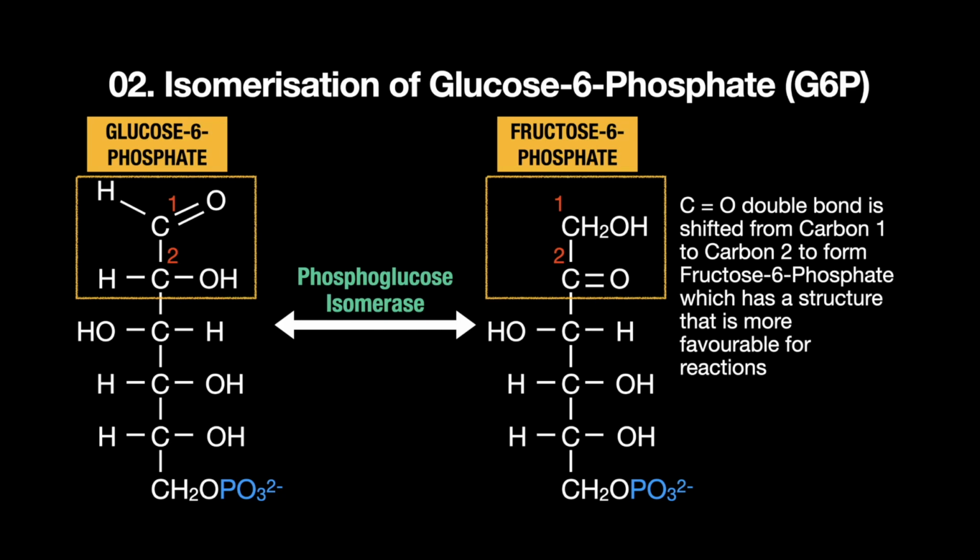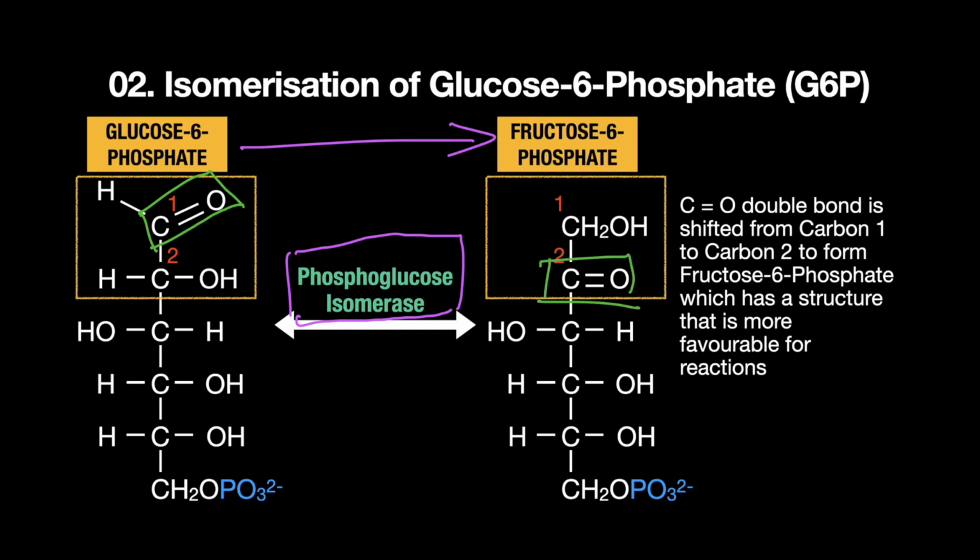As you can see here, glucose 6-phosphate is converted to fructose 6-phosphate by this enzyme known as phosphoglucose isomerase. You can see that the C=O double bond in glucose 6-phosphate over here, located on carbon 1, is shifted to carbon 2 in fructose 6-phosphate.